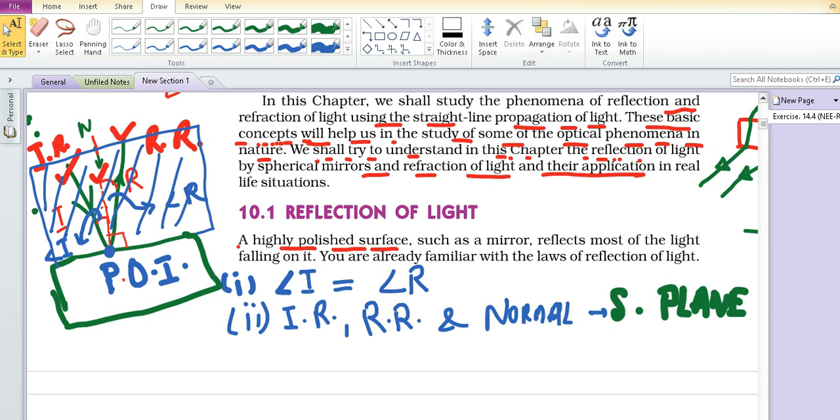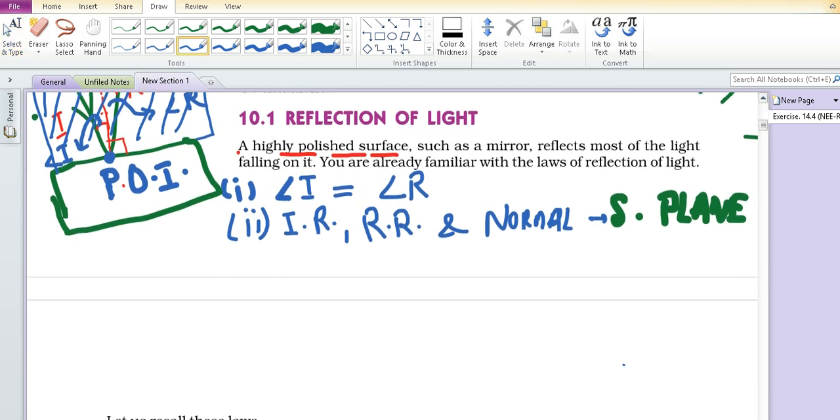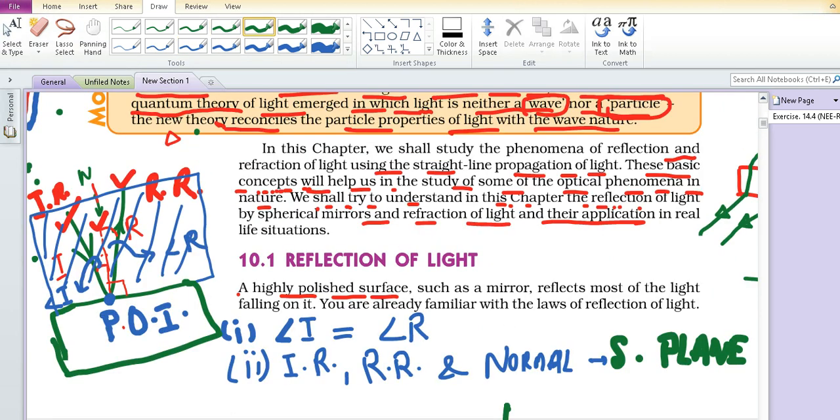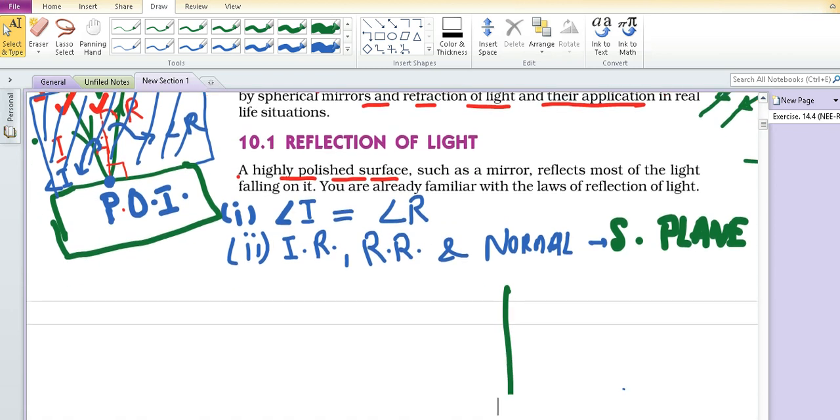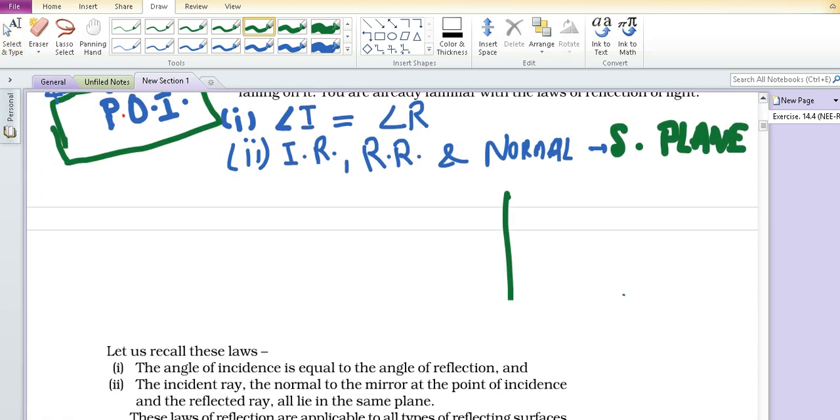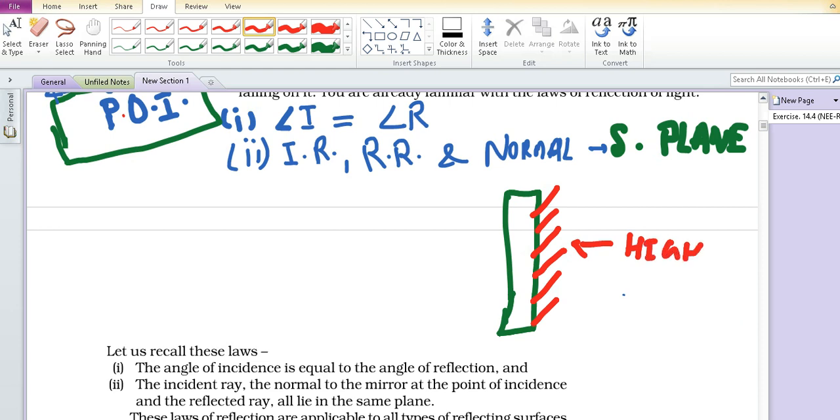And in a mirror, you can see it like this: this is the mirror. In this, this surface is highly polished.